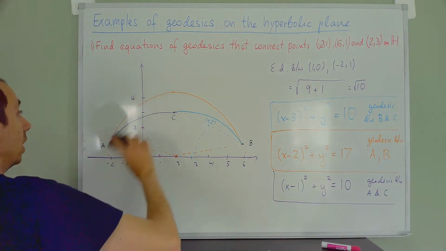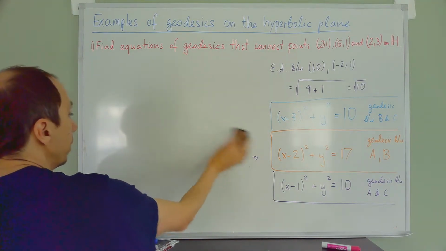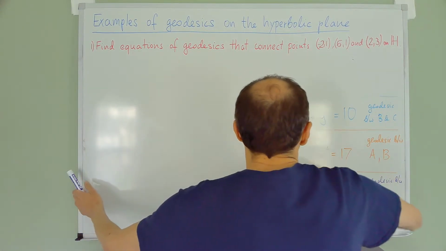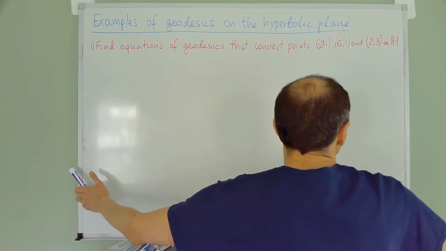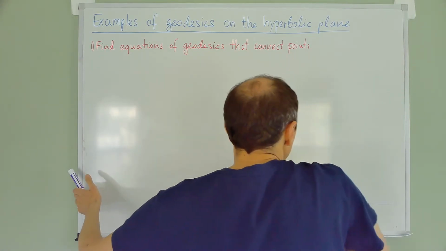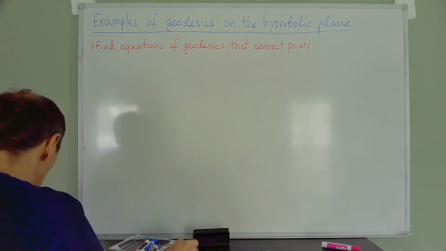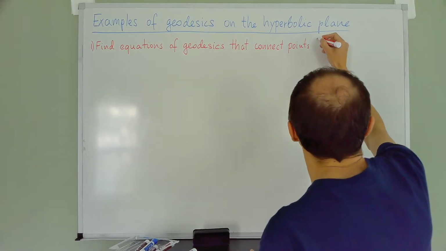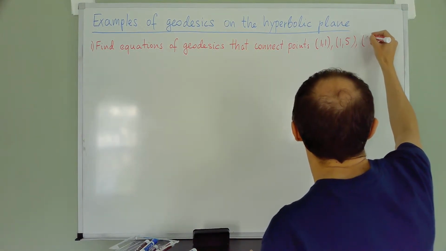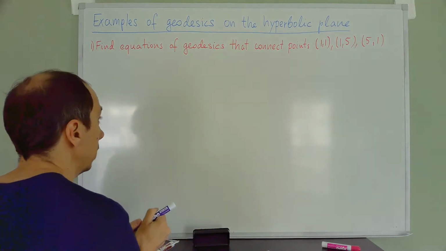Okay, let's do another example with a similar question. But let's change the points now. So this time the points will be 1, 1, 1, 5, and 5, 1. Okay, so let's draw that.